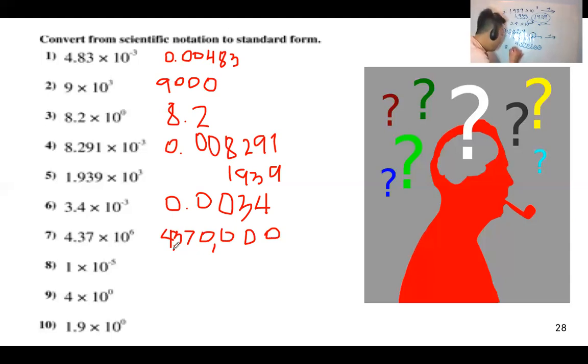Number 8. We have 1, only 1, multiplied by 10 raised to negative 5. Is it negative 5? No, it's negative 3. Okay? Negative 3 yan. So 1 times 10 raised to negative 3. So meron tayong negative na sign. So we need to move our decimal point to the left side.